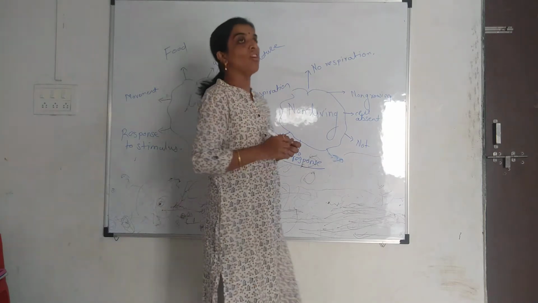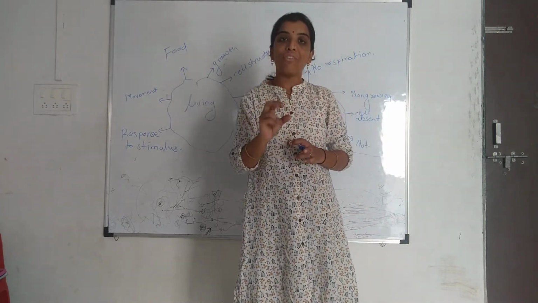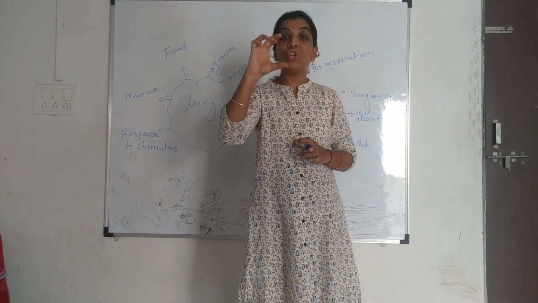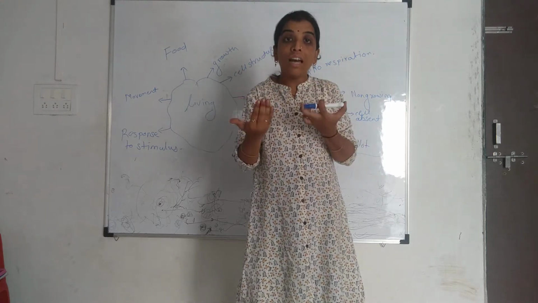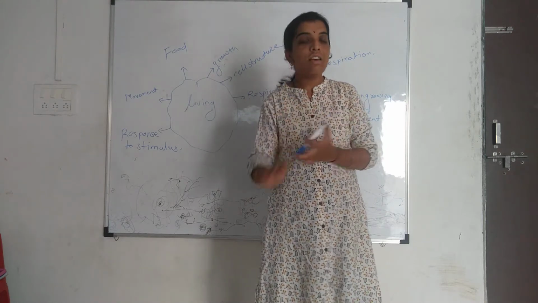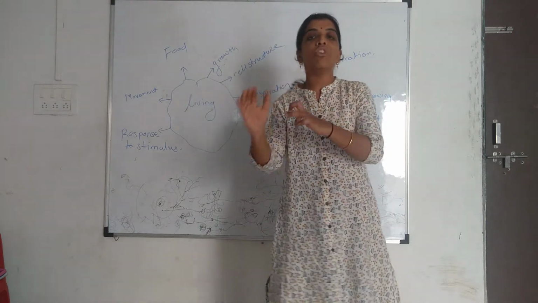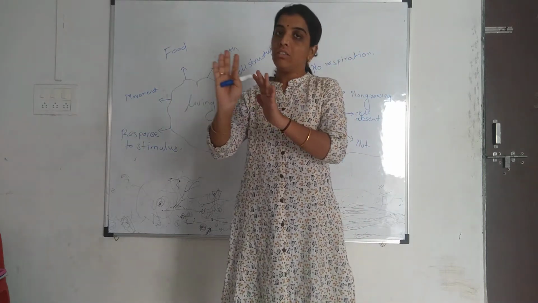And a very important characteristic is that every living being has some specific growth span, some specific lifespan. They die after some specific lifespan, isn't it? There are some plants which grow for 3 or 4 months. After 3 or 4 months, they die.